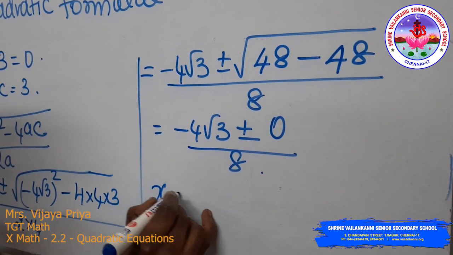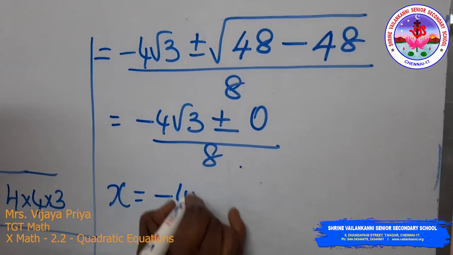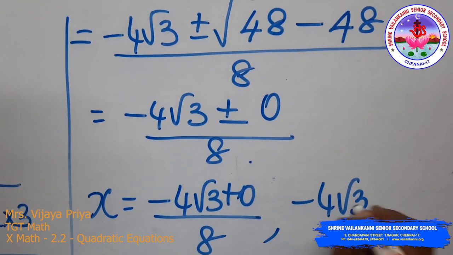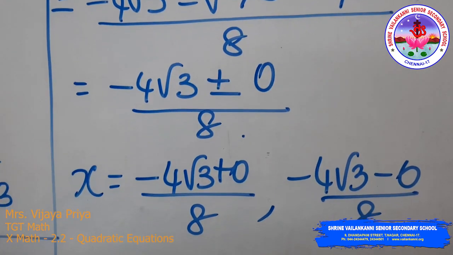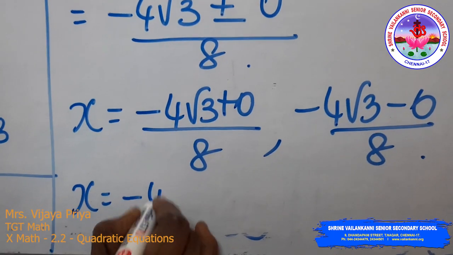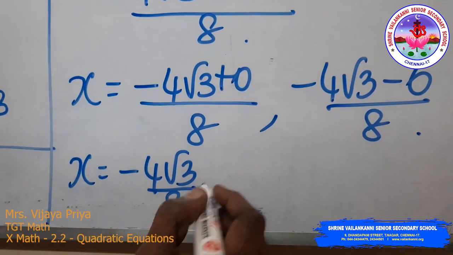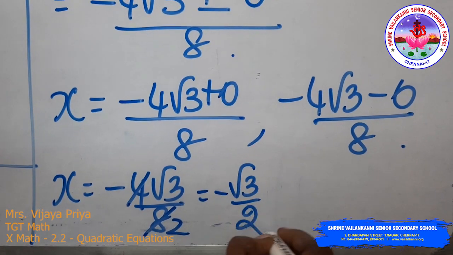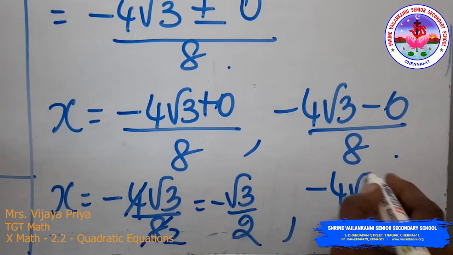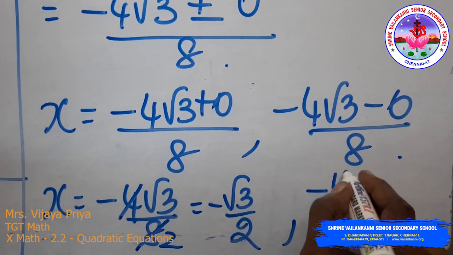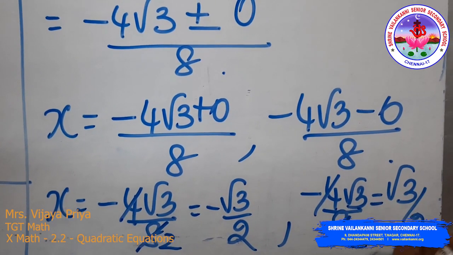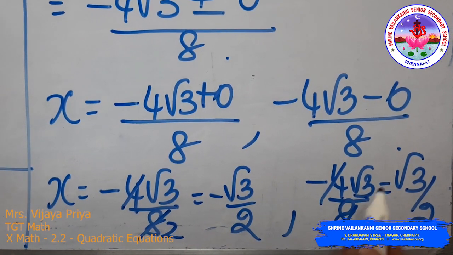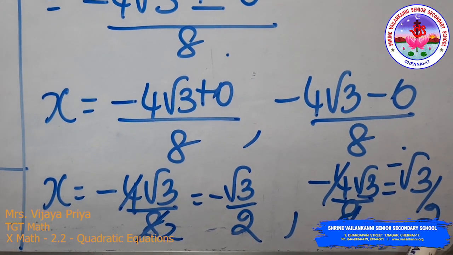So you got two values for x, where one value is minus 4 root 3 plus 0 by 8 and the other is minus 4 root 3 minus 0 by 8. So you will get x is equal to minus 4 root 3 divided by 8, which you simplify, you will get minus root 3 by 2. Again for this, you will get minus 4 root 3 by 8, which is also minus root 3 by 2. So you got two values for x. The first value is minus root 3 by 2, and the second value is also minus root 3 by 2.